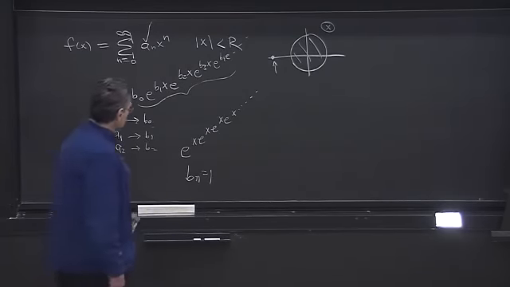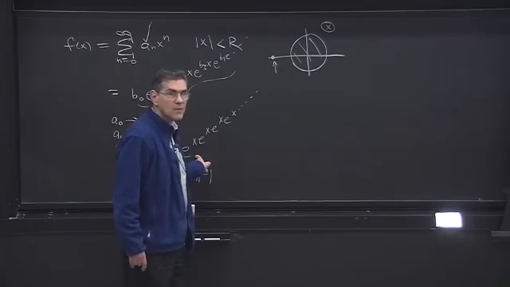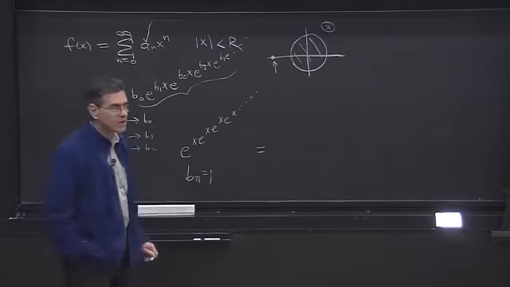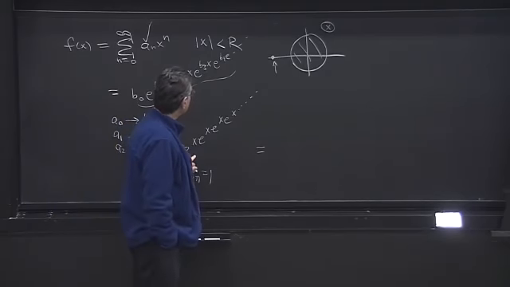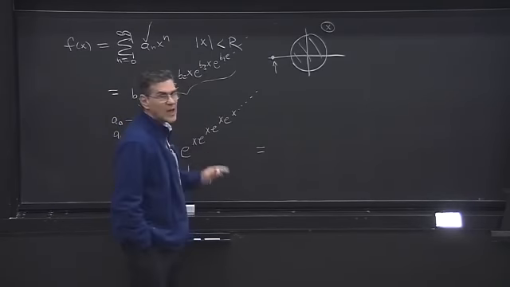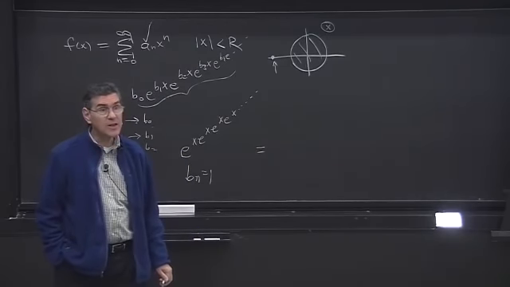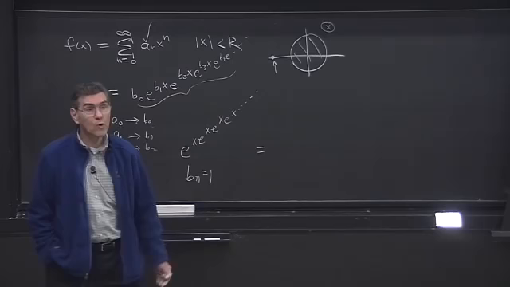Now, what's nice about this example is that in this particular case, I know all of the a's, all of the Taylor coefficients, exactly and in closed form. And I'm going to give you a formula for them.